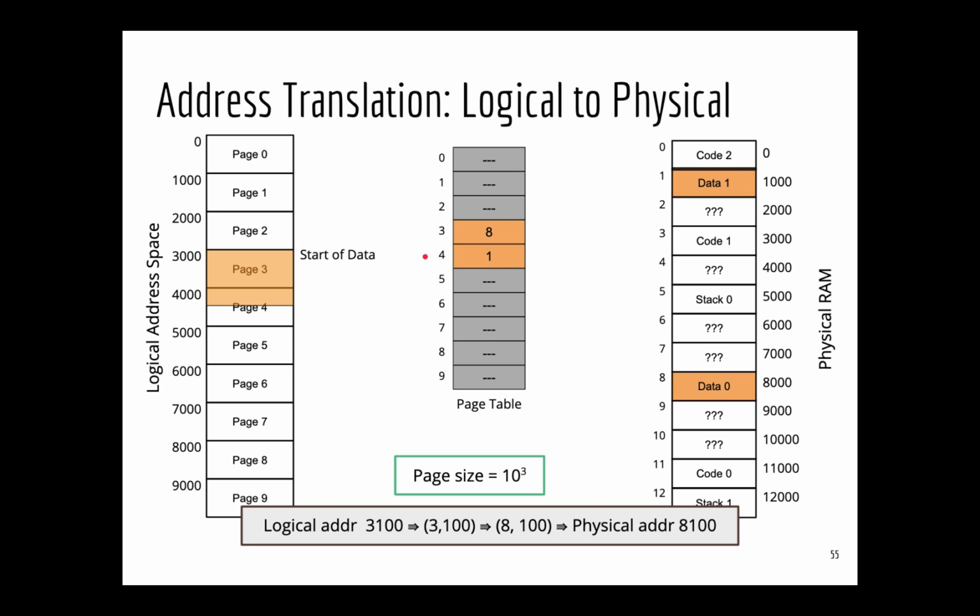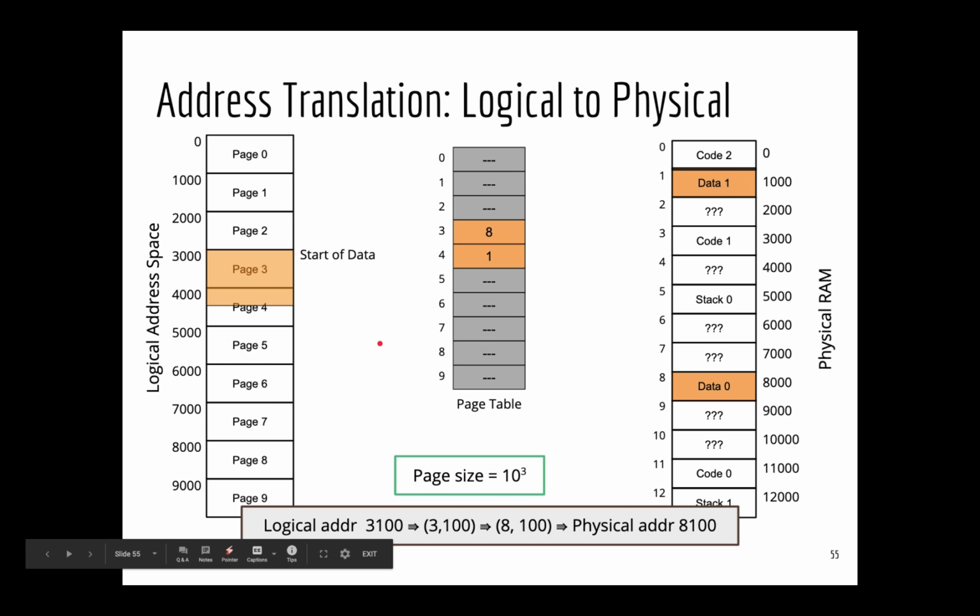And the first data page, labeled data 0 in RAM, is at frame number 8, address 8000. And the second data page is at frame 1, address 1000.